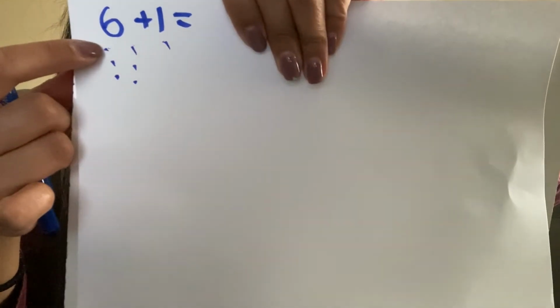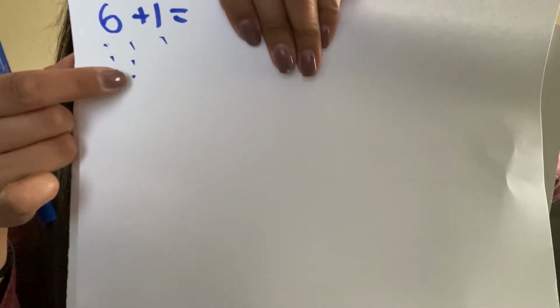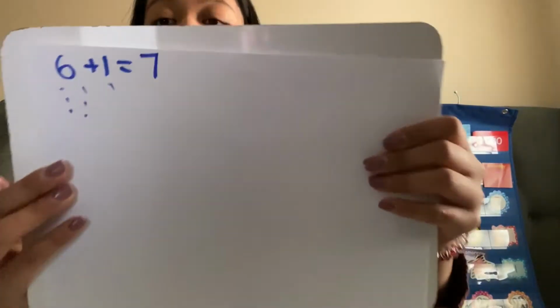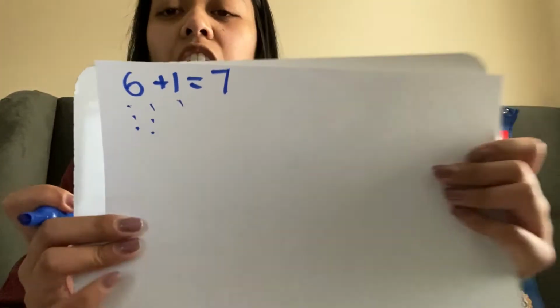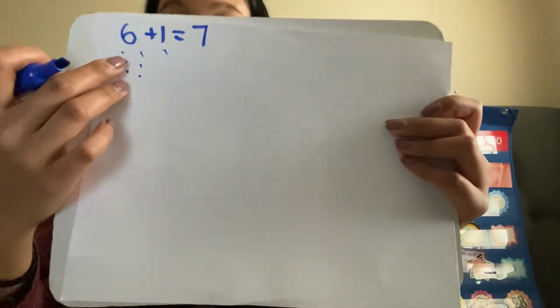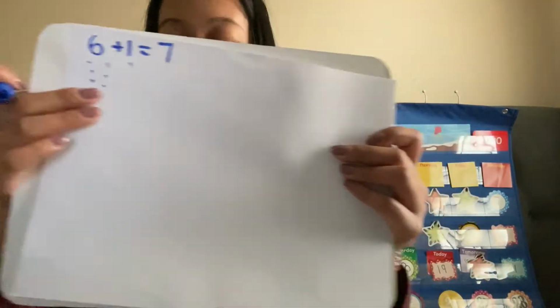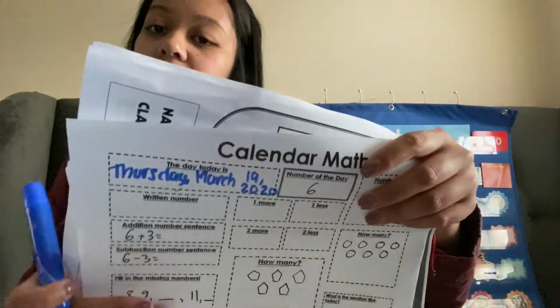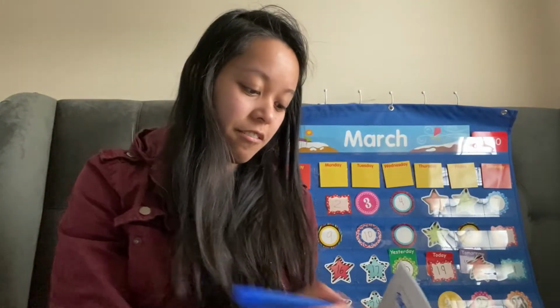I have 1, 2, 3, 4, 5, 6, 7. So I'm going to write number 7 right there. So we know that 1 more than 6 is 7.